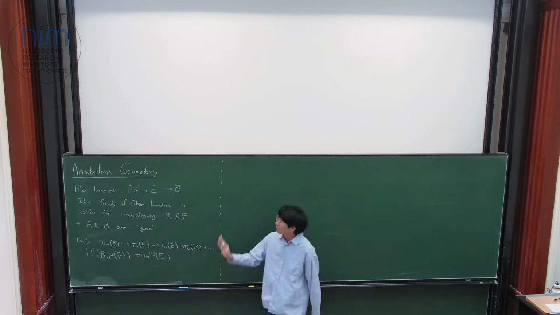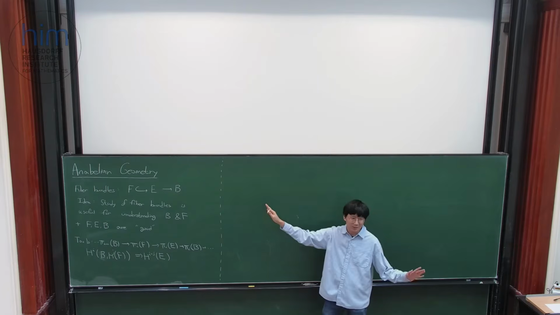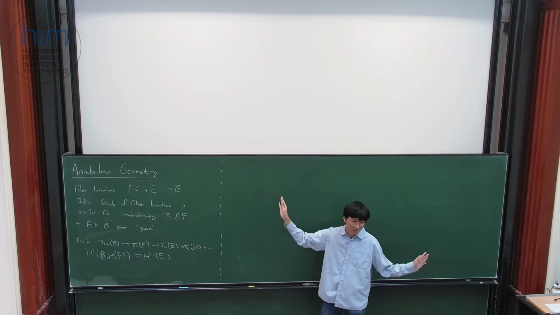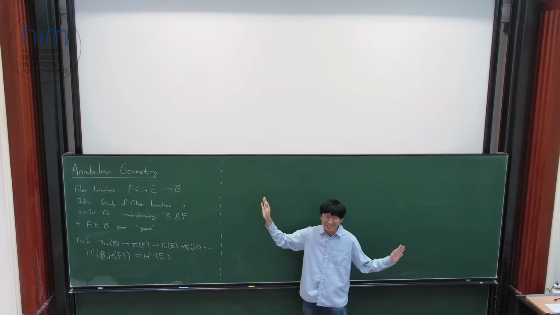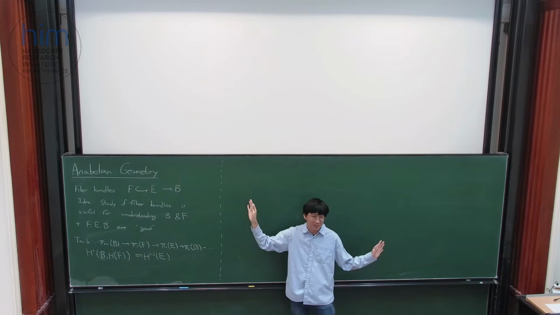Okay, let me give you several examples of fiber bundles to begin with, because this is not a trimester about low-dimensional topology or geometry. So what is an example of fiber bundles that you are familiar with? Tangent bundles.